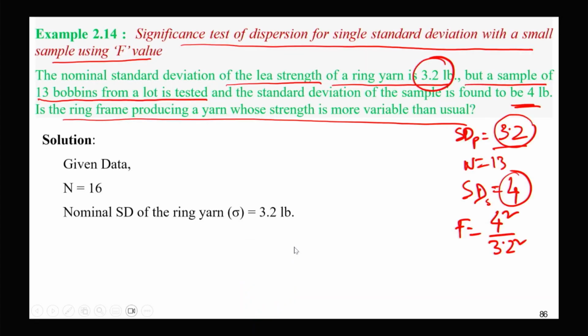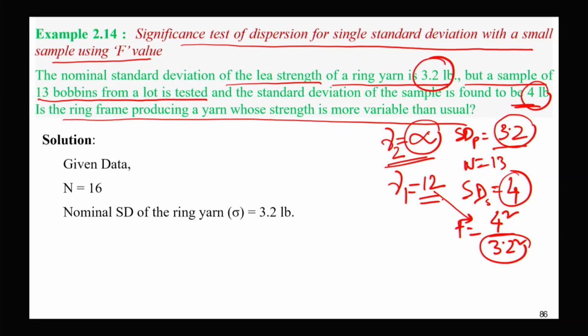Now here, the nominal is coming into the denominator, so gamma 2 will be the degree of freedom which will go vertically, and it is infinite. For the numerator, it is the sample, which means it will be 13 minus 1, 12.